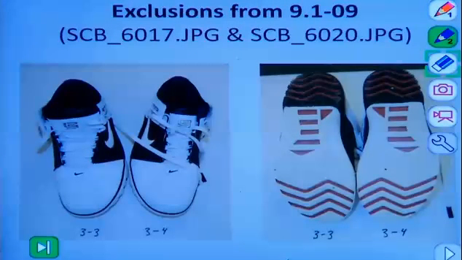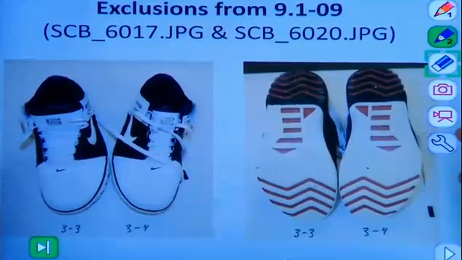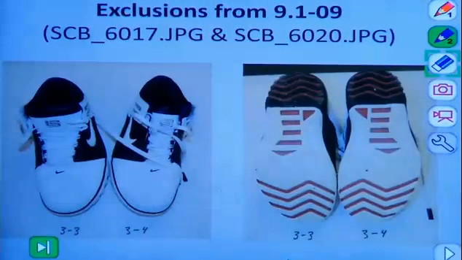The outsoles of Mr. Lloyd's shoes have what is considered herringbone on the front and the heel portion of the shoe. So in this front part we have herringbone, in the back we have herringbone. In the middle of this, a series of rectangles in the midsole of the shoe.